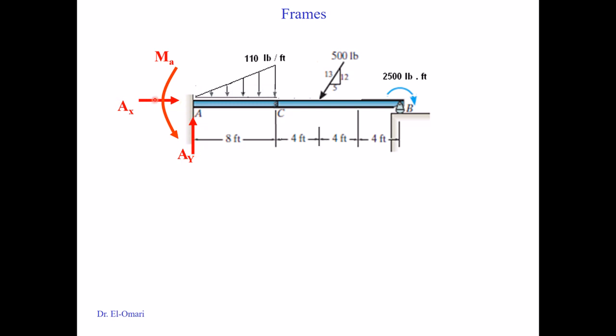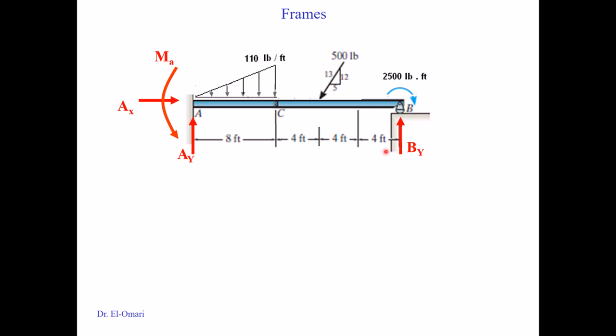That's why we place the vertical and horizontal reactions, and it will also resist rotation or moment effects. That's why we place a moment reaction. A rocker support is like a roller support that will have just a vertical reaction.